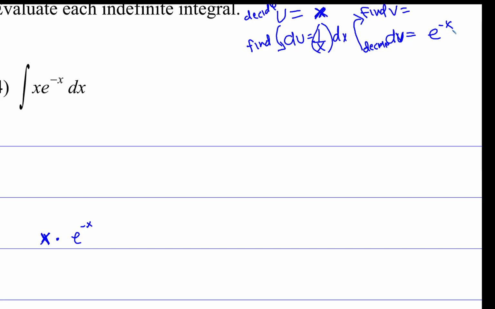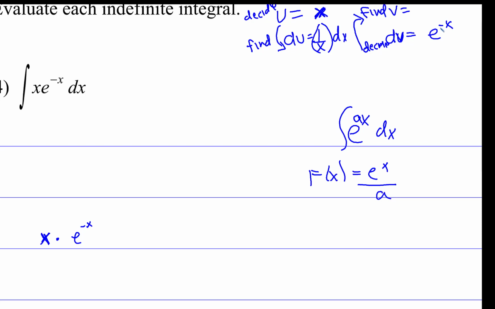Remember what I said: when you integrate, the integral of e to the x is e to the x. However, if there is a variable a right here, then it becomes e to the ax divided by the a.